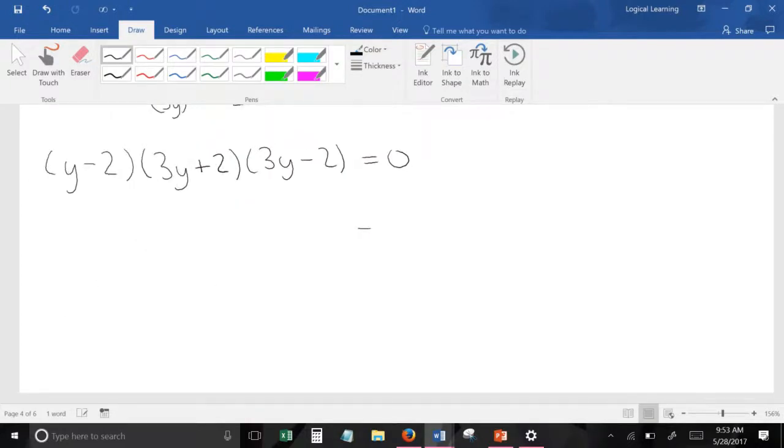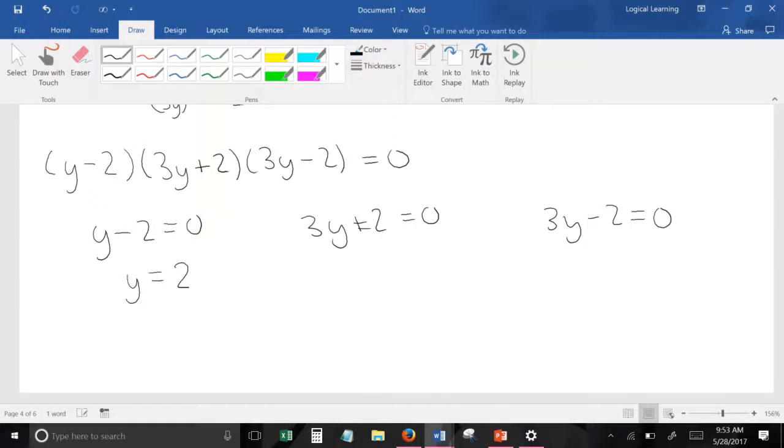By the zero product property, we can set each of these equal to 0 to solve: y minus 2 equals 0, 3y plus 2 equals 0, and 3y minus 2 equals 0. Add 2 to both sides, we have y equals 2. Subtract 2 from both sides, we have 3y equals negative 2, which gives us y equals negative 2/3.